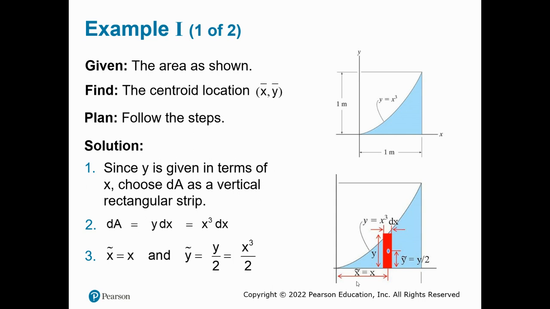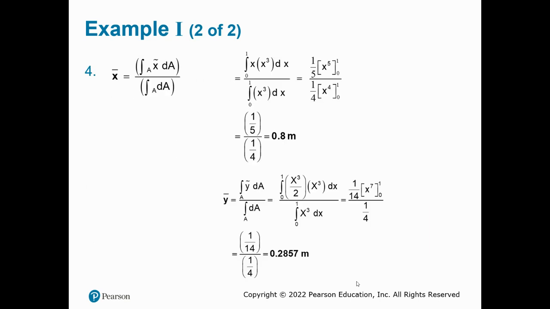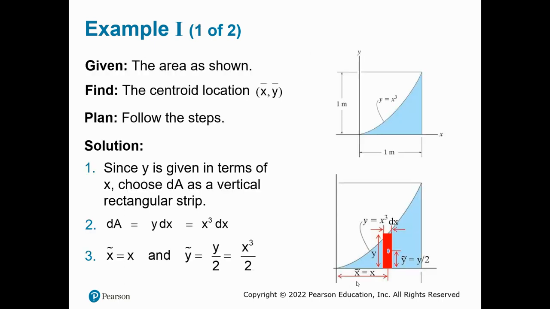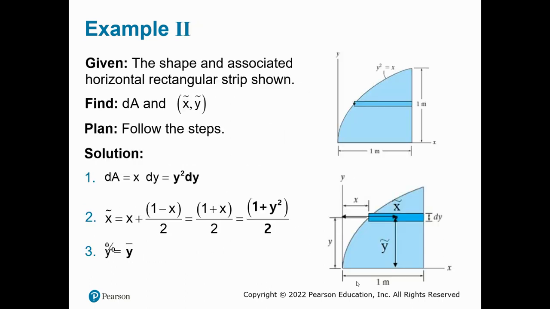Since your y equals x cubed based on what was written in the diagram, we have x cubed dx. And then the rest of it will just be your calculus. Putting that together, we get the value of x bar and the value of y bar. That would be the centroid of the blue geometric shape here.